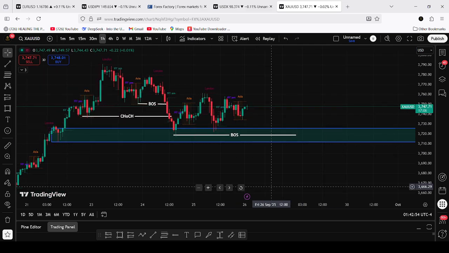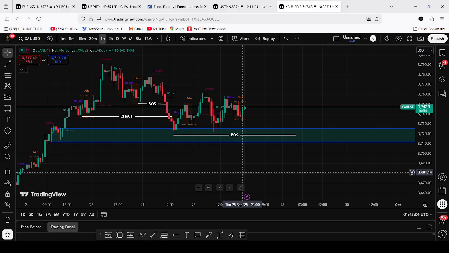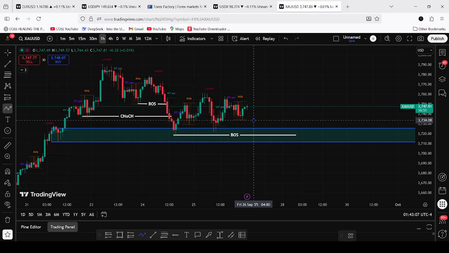If the market comes down and moves below this line, we might see some more selling pressure in the market. And if it breaks below this zone, that means it has already broken the order block. You must wait for full body candlesticks, not wicks, full body.